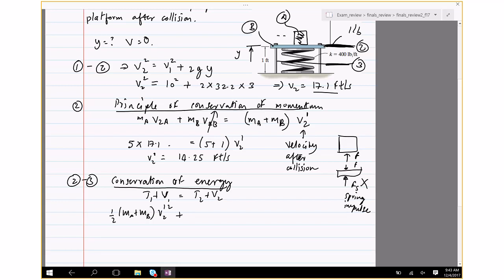The initial potential energy is the energy stored in the spring, right? So half K times 1.75 minus 1 square. Let me write it the other way so that it's consistent with what I've said, which is the stretched length minus unstretched length squared.